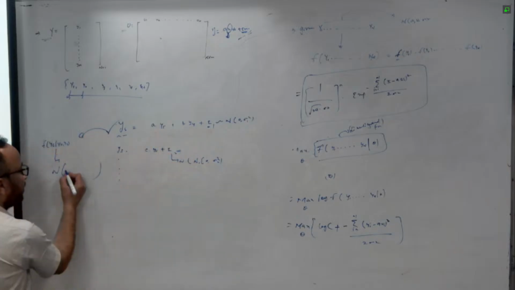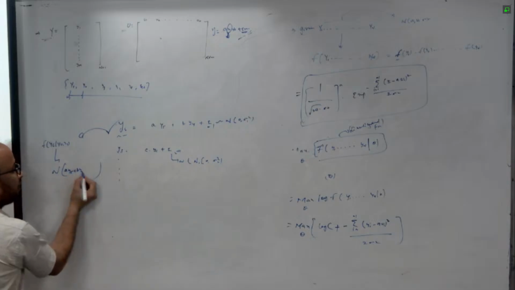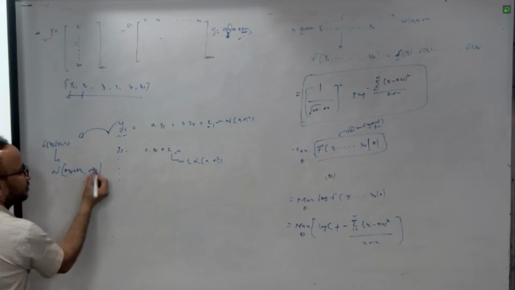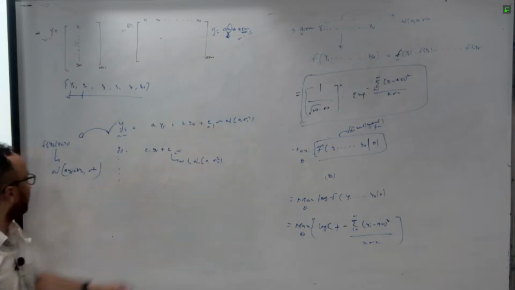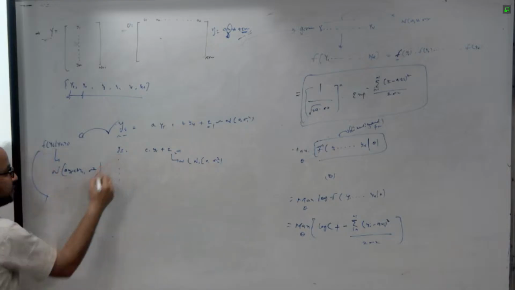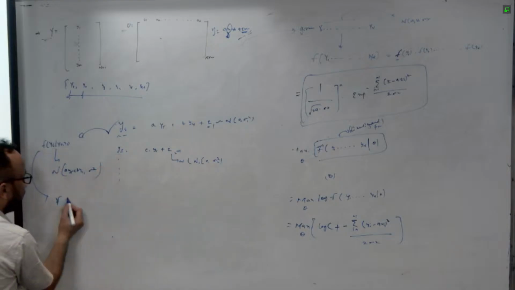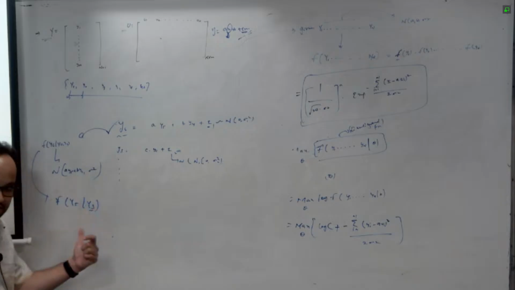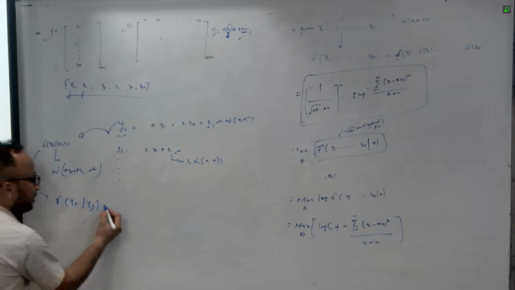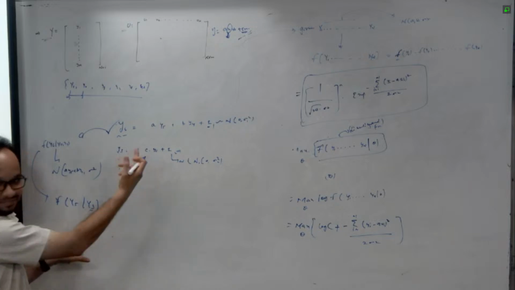The mean comes down to be a into y5 plus b into y4, and the variance corresponds to epsilon 1. The same way, I can also write a density function of f of y5 given y3, which means y3 is known conditionally, so I know the y3 information. If I am not assuming that, then y3 is random.